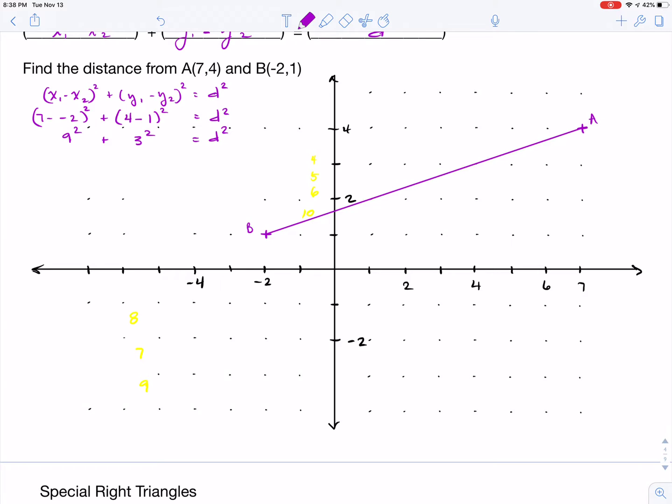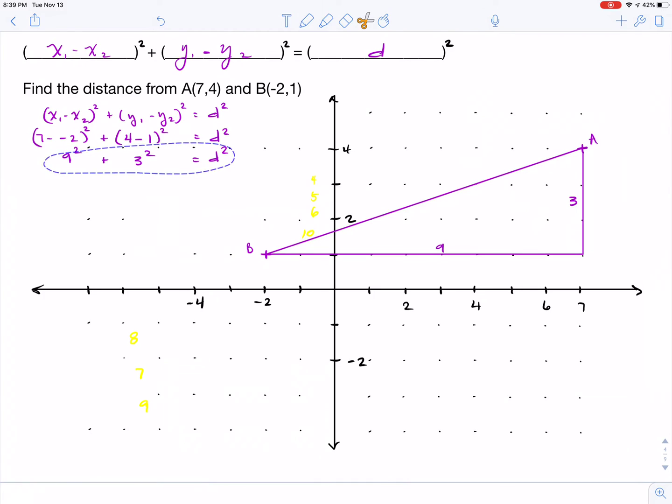So if I go east, let's see here, 1, 2, 3, 4, 5, 6, 7, 8, 9 blocks. And then I go north, 1, 2, 3, there's my 3 blocks. Notice that 9 and that 3, that's exactly what we have over here in our equation. And so the distance formula is what gives us those city blocks per se.